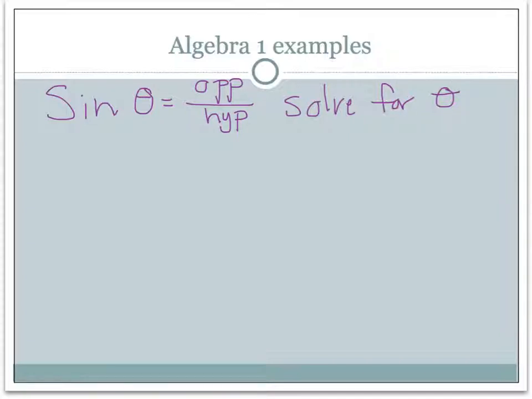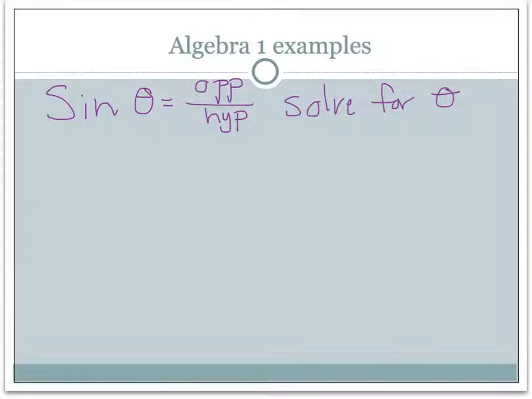Okay, let's do one more example before beginning today's worksheet. This example gives us sine of theta equals opposite divided by hypotenuse and asks us to solve for theta. So we see that on the left side, the only thing in front of the theta is the sine function. But how do we undo the sine function?